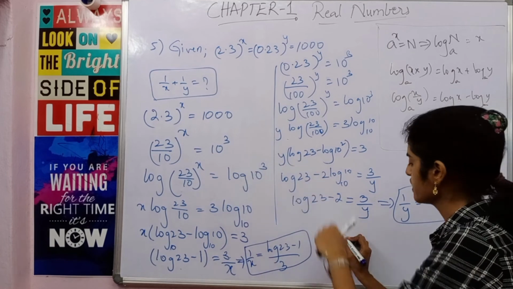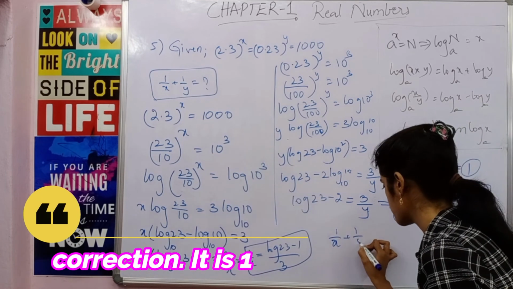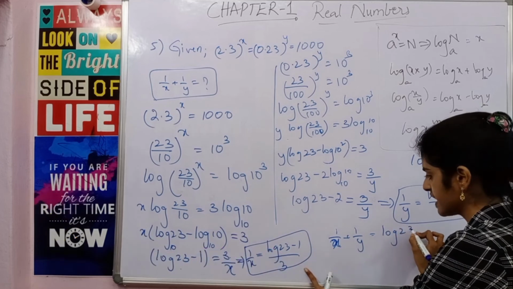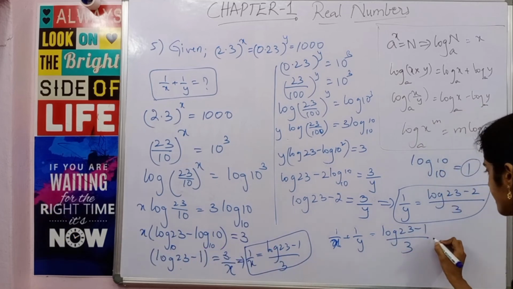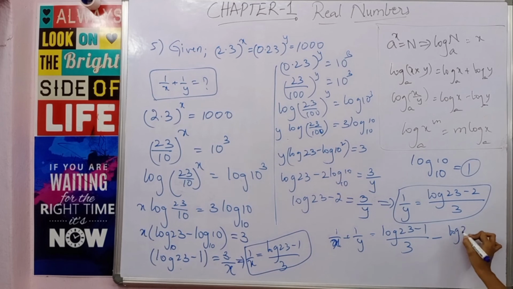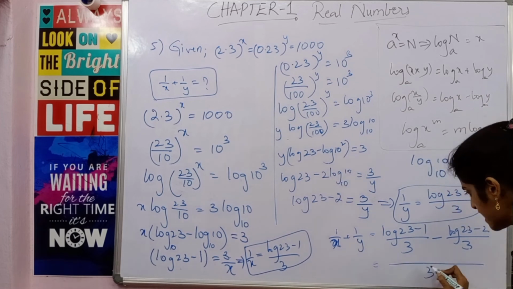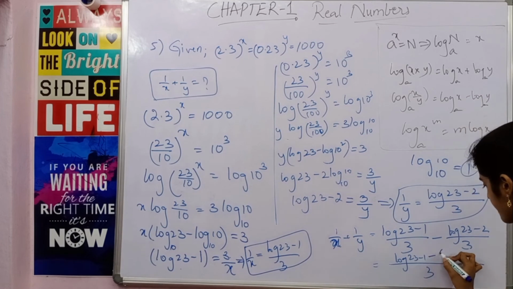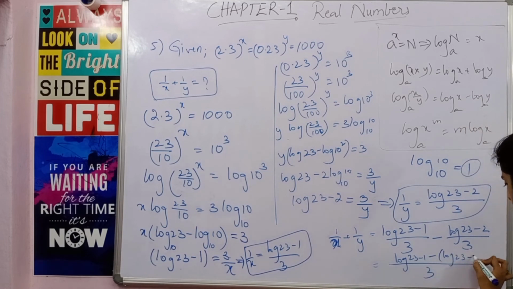Now we want the value of 1 by x plus 1 by y. It is nothing but (log 23 minus 1) divided by 3 minus (log 23 minus 2) divided by 3. They are like fractions, so let us take the LCM, which is 3. So here it is log 23 minus 1 minus log 23 minus 2.